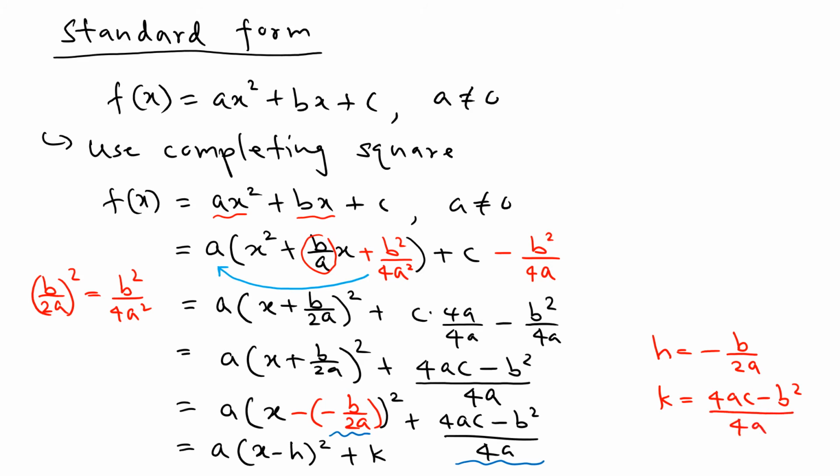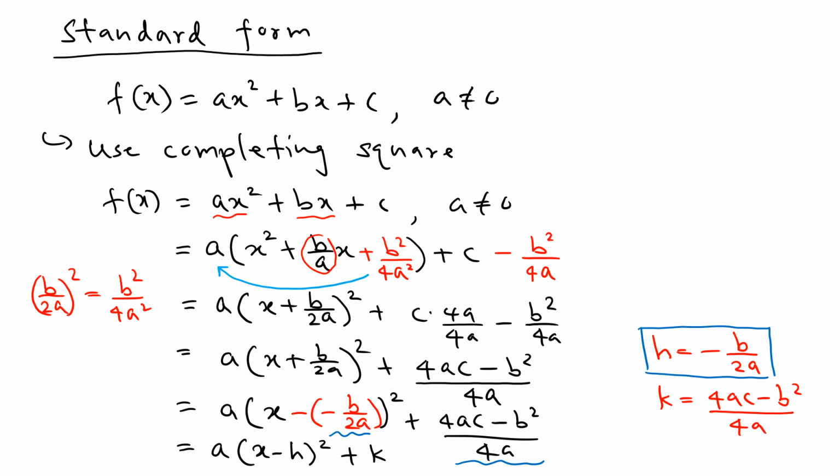Now there's a question: which one do we have to remember? Do we need to remember both? No, we only need to remember h. You can explain the reason why, because what we normally do is try to make the square term 0. Once you make the square term 0, you get the other term. In other words, to make the square term 0, we plug this h value into the function.